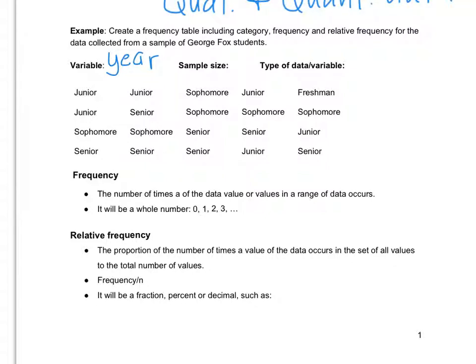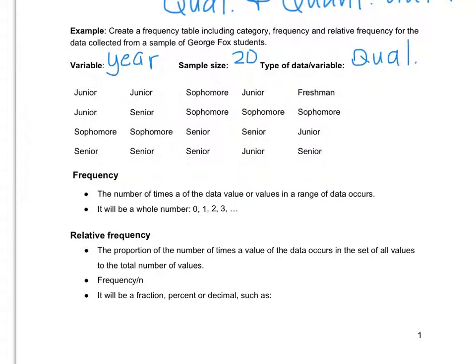The sample size, we're just going to count up the number of data values, and there's 5 columns of 4, so that gives us a sample size of 20. And the type of data or variable, that we're looking for an answer to that kind of question is qualitative or quantitative. And so these are not numbers, so this is qualitative data. So again, I'm going to abbreviate.